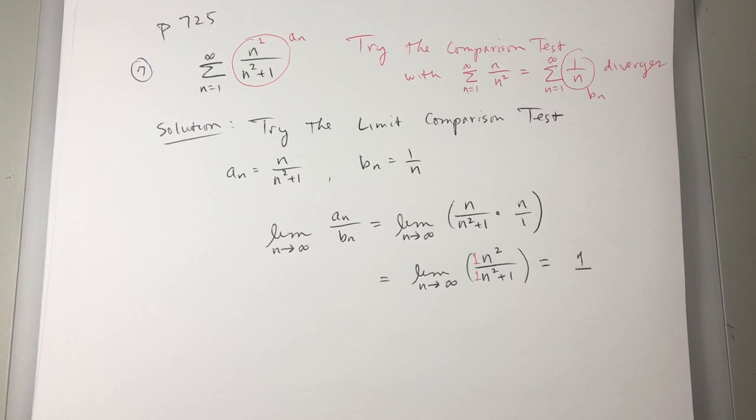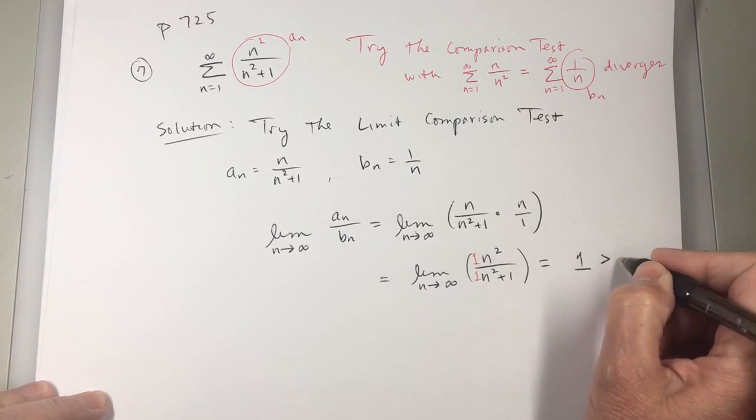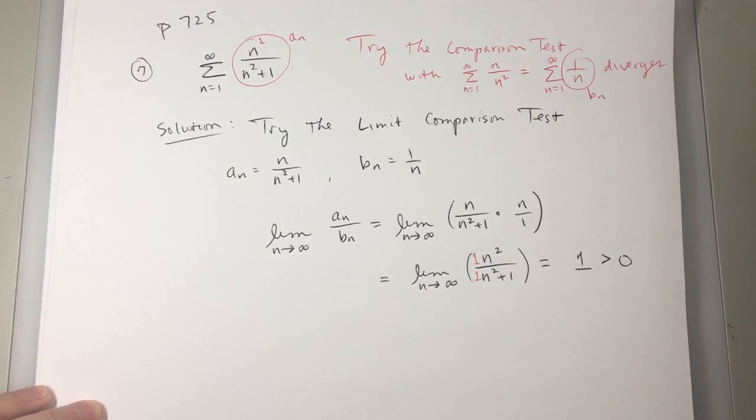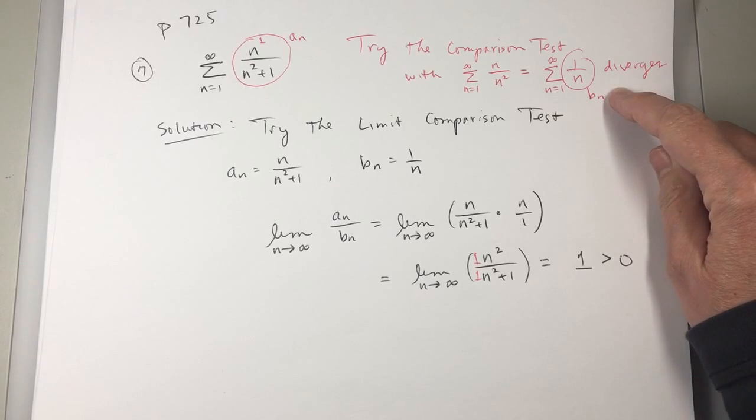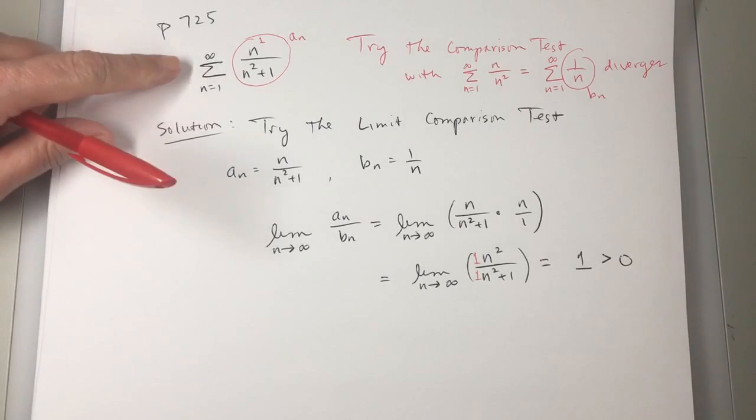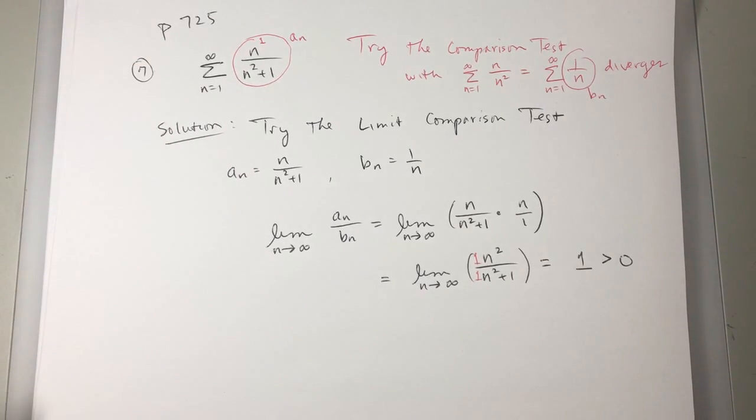And the limit comparison test says if you get a number and that number is greater than 0, then both series do the same thing. And I know that the harmonic series diverges, so then I know that number 7 diverges. Yes? Is that greater than 0, so if there's a negative number that would apply? You know what? There's something else in this limit comparison test.